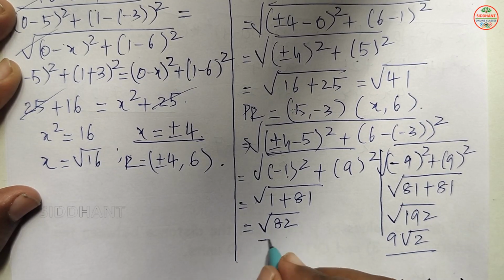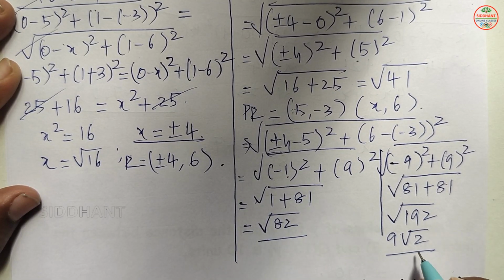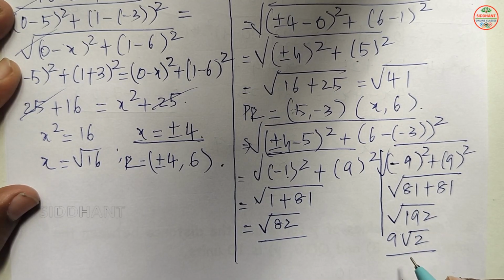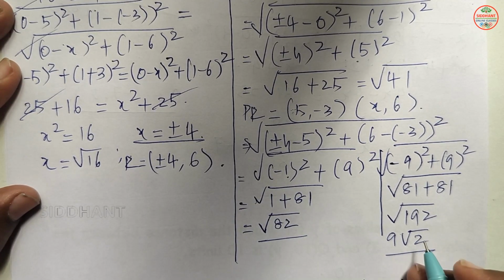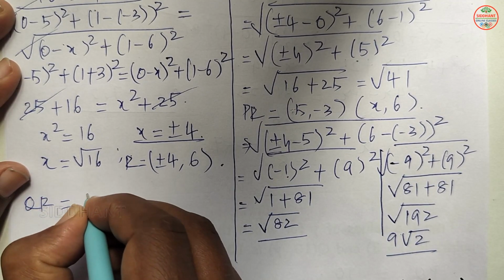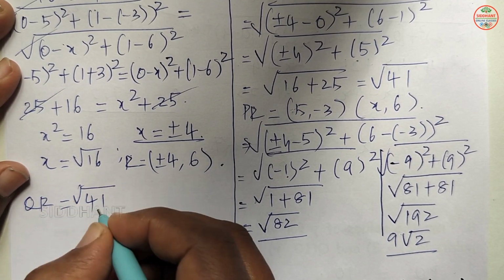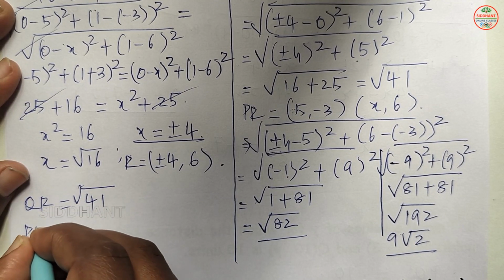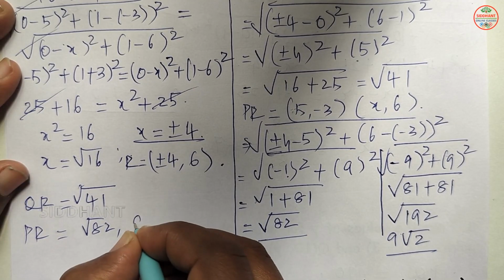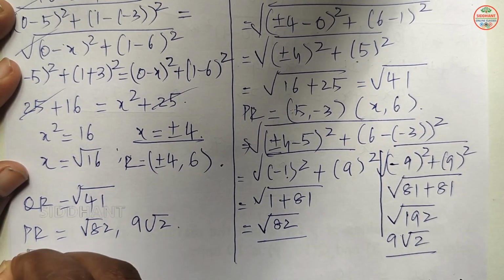So one value will be root 82, the other value will be 9 root 2. So this is the PR. So QR distance is root 41. PR we are getting two values, root 82 and 9 root 2.